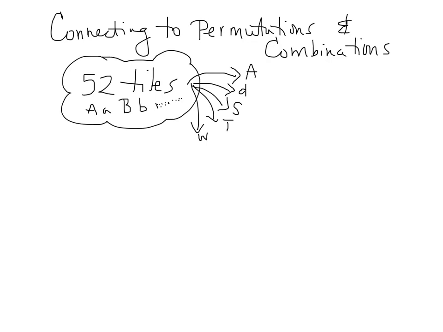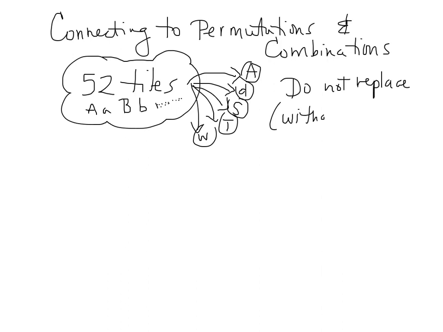And the thing that it says is do not replace, because basically you're going to keep these tiles in this game. You're not going to replace them back in there. So a lot of times you'll see this called without replacement in probability terminology.